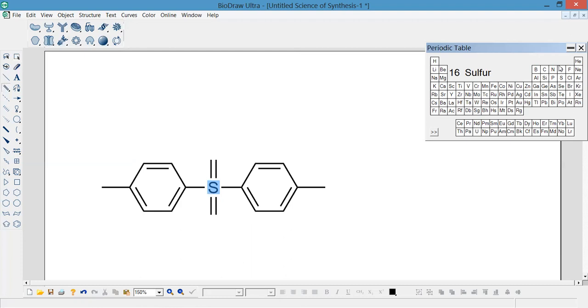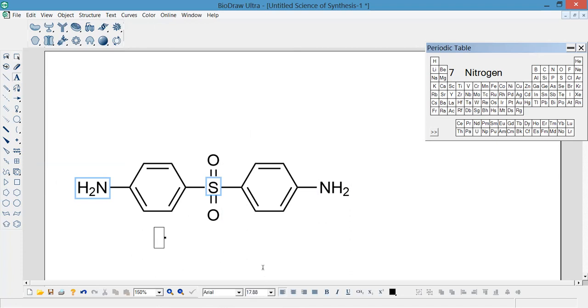Select oxygen from the periodic table and complete the sulfone group. Now add the amine group: select the nitrogen atom from the periodic table and put it in the proper place. This is the structure of dapsone.